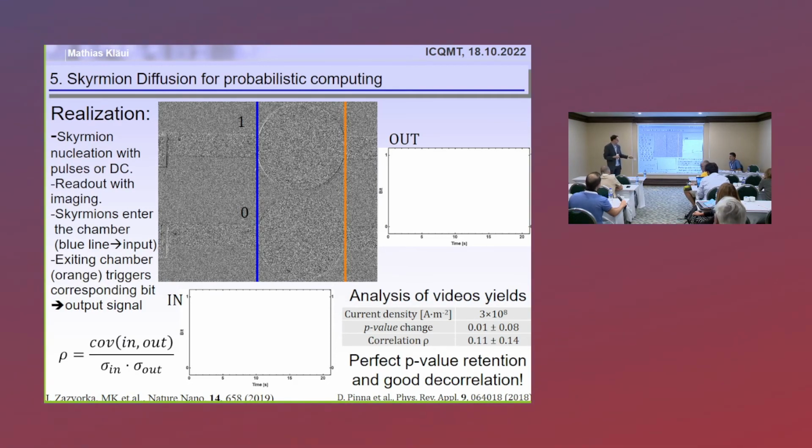And you see here, the p-value change of 0 means that no skyrmion is lost. So we put like 10 to the 6 skyrmions in, and 10 to the 6 skyrmions come out. So by engineering this, you can make it so stable that this problem of annihilation is not there. I think we can make them stable over years with no visible decay.